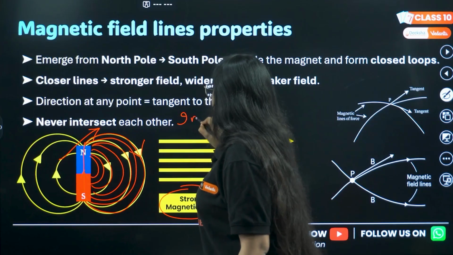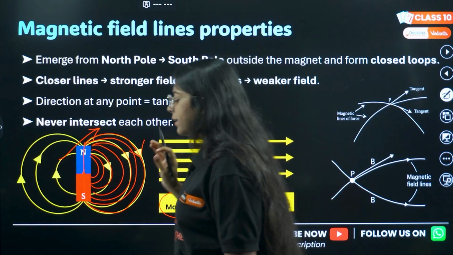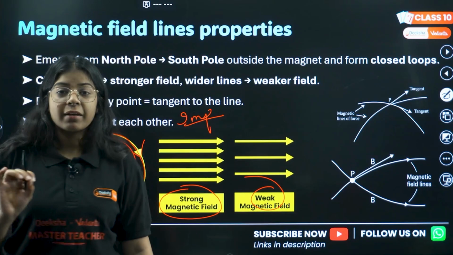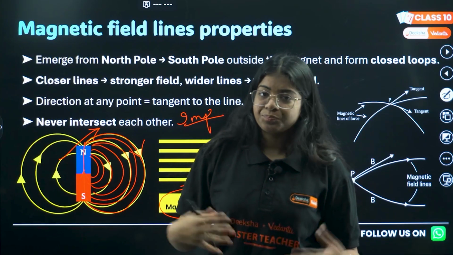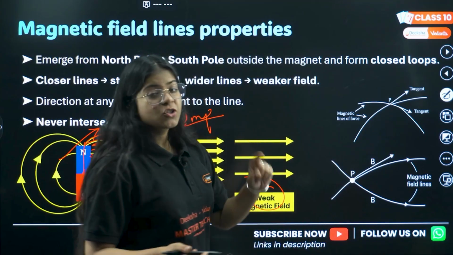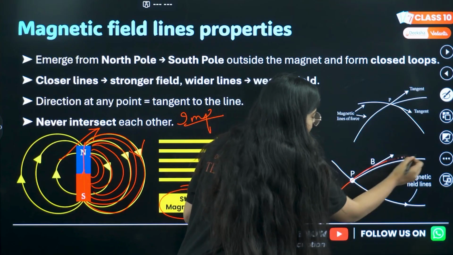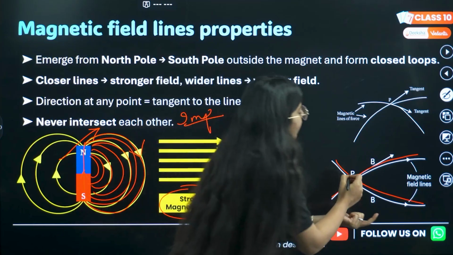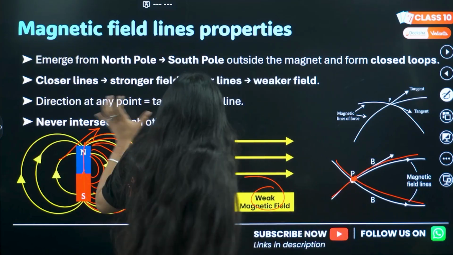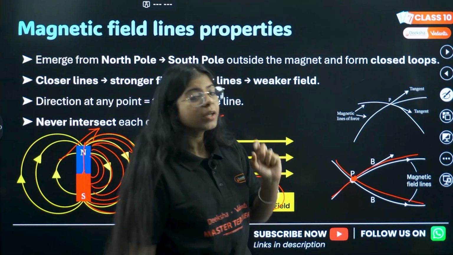Now the fourth point is very important. It says that two magnetic field lines can never intersect. Why? Let's say these two magnetic field lines are intersecting at this point. What did we study? The direction at any point is equal to the tangent to the line.